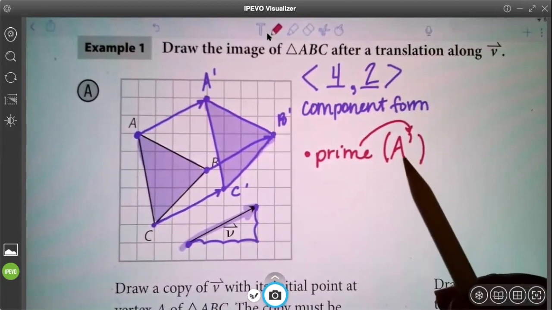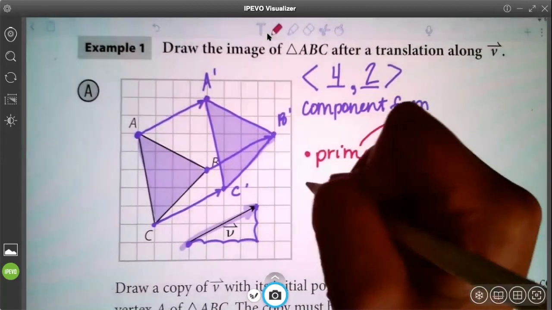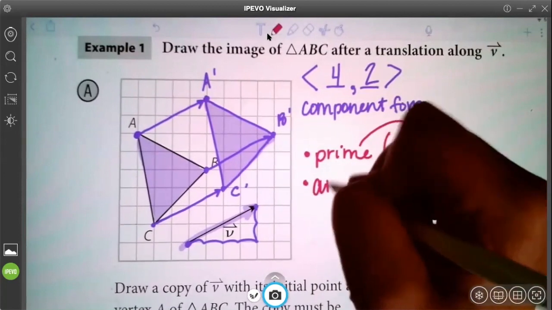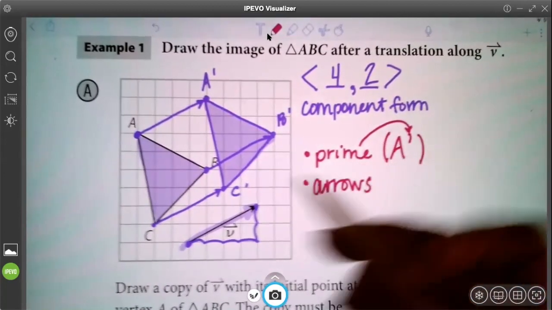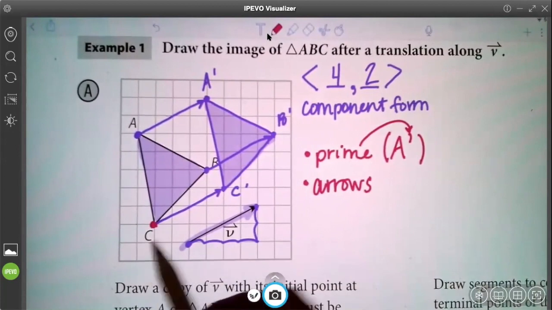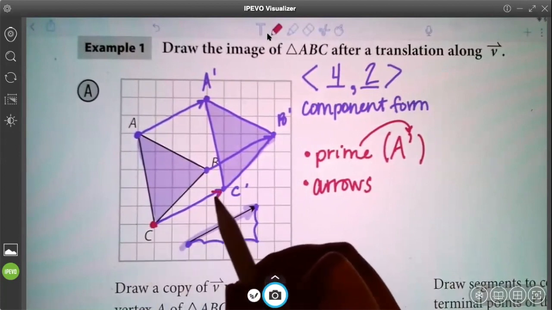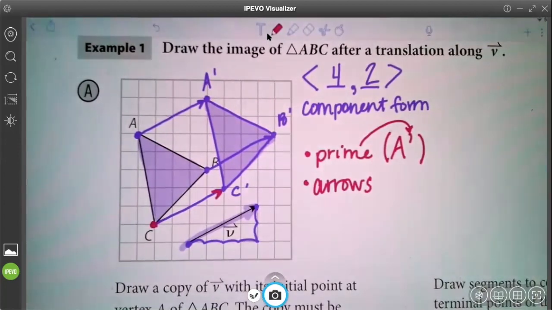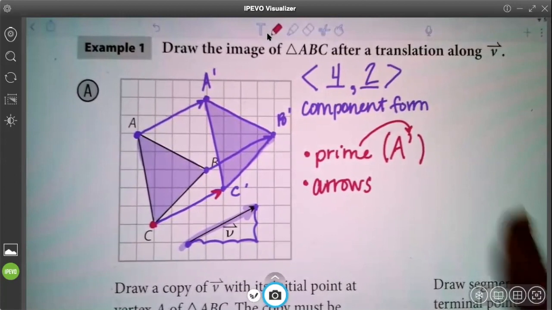It moved its location. The second thing you could look at is the arrows. The arrows start on C, for example, and they end up here at C prime. And so that's another way that you could identify from the drawing, if it were completed for you, which one was the pre-image and which one was the image.